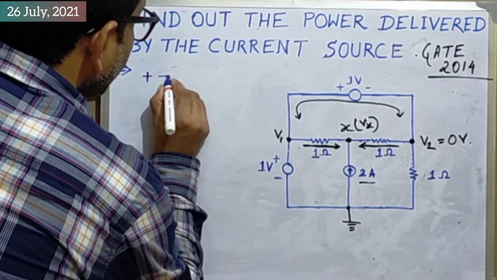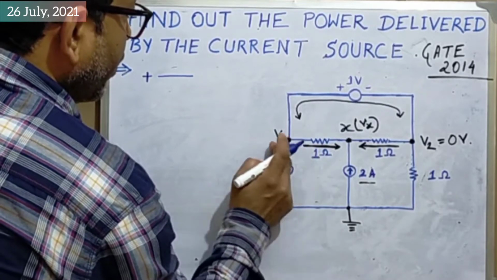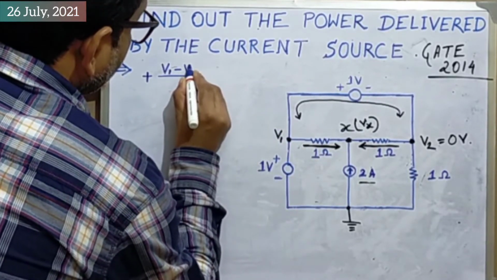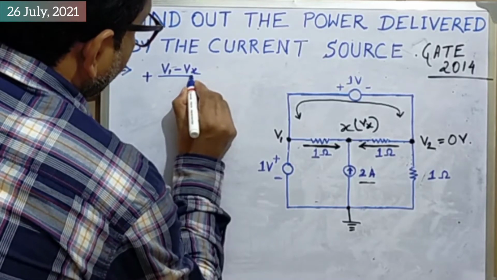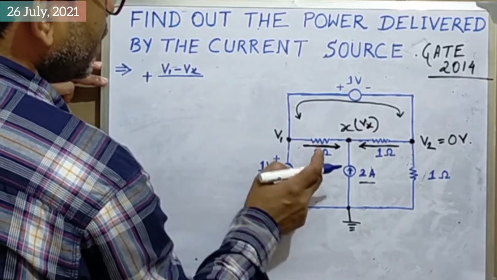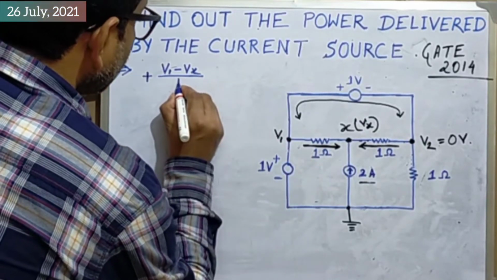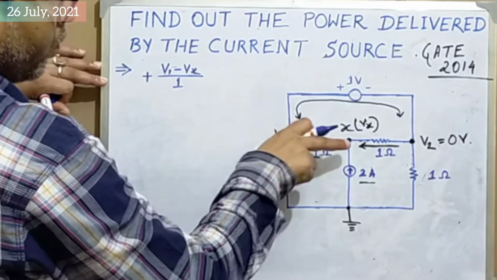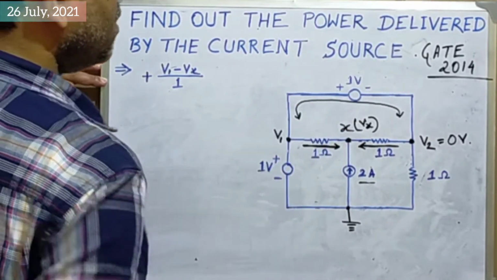So what is the potential difference for this branch? V1 minus Vx. That is the potential difference for this branch. And this potential difference divided by the resistance, that is 1 ohm, will give you the current which is flowing through this branch.